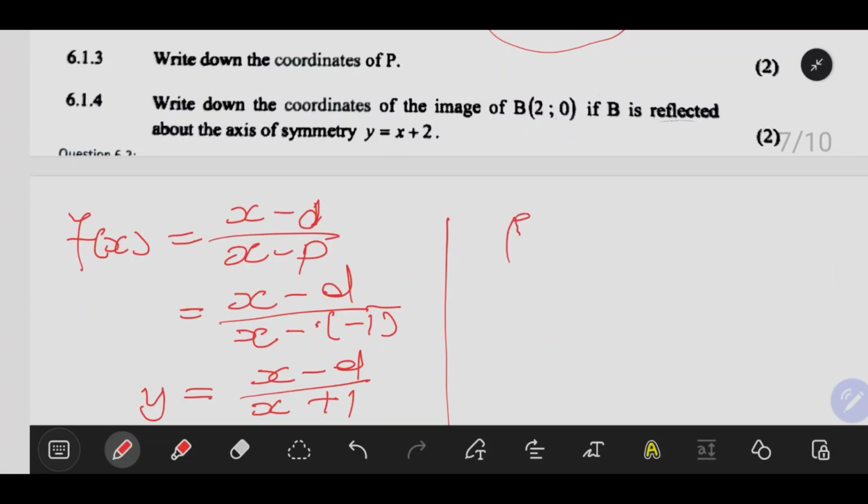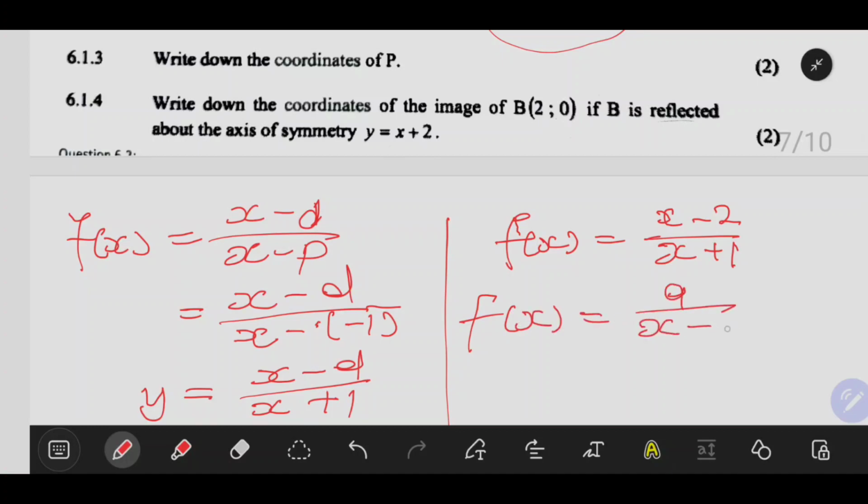Then our function f of x is x minus 2 divided by x plus 1. So this is our equation of f of x. They want you to write the equation of f of x in terms of f of x equals a over x minus p plus q. They want you to change the format from this to this original format.